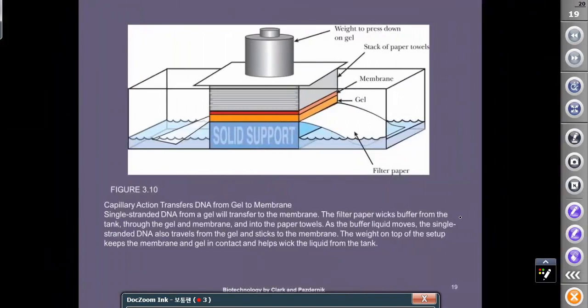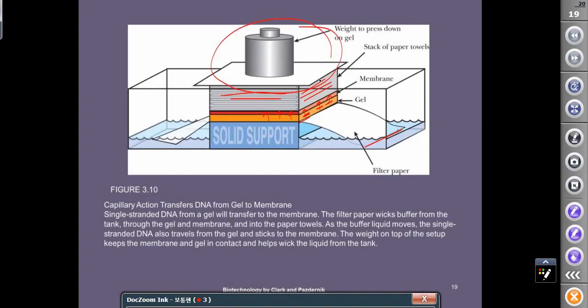And actually this slide should have come earlier. This is how you transfer the DNA band from the agarose gel to the membrane or nylon film. This is through capillary action. You place the filter paper under the gel, and you place some weight. You can stack up some paper towels here, and then you just place some weight.